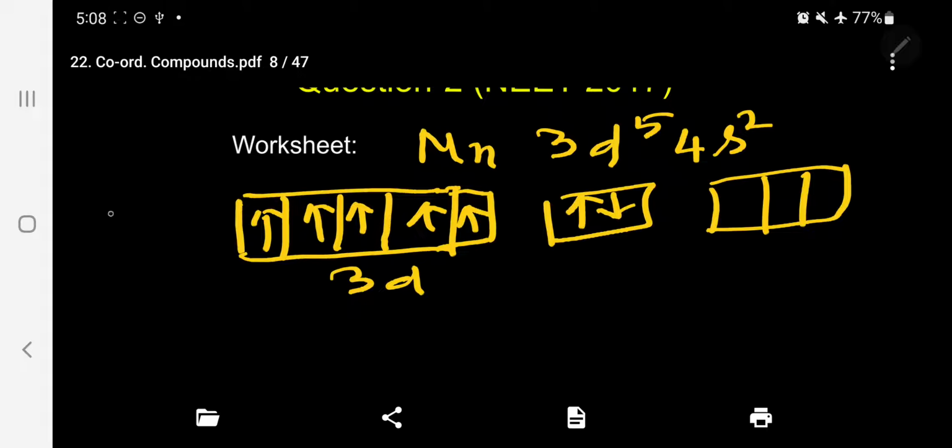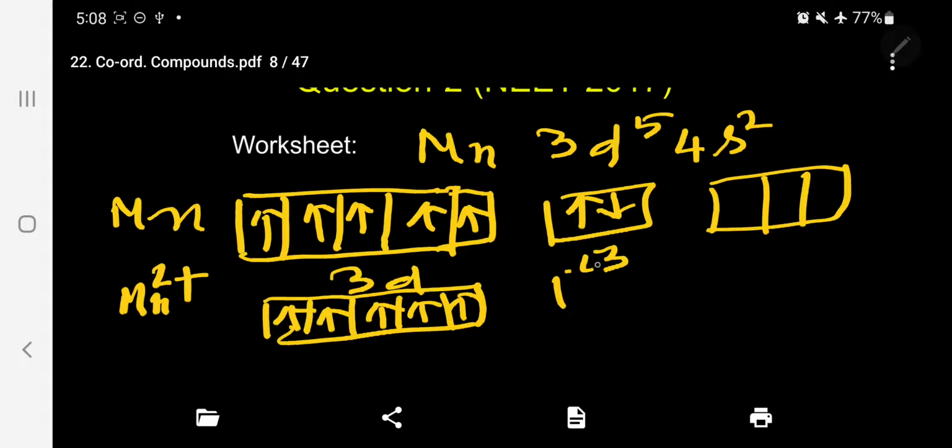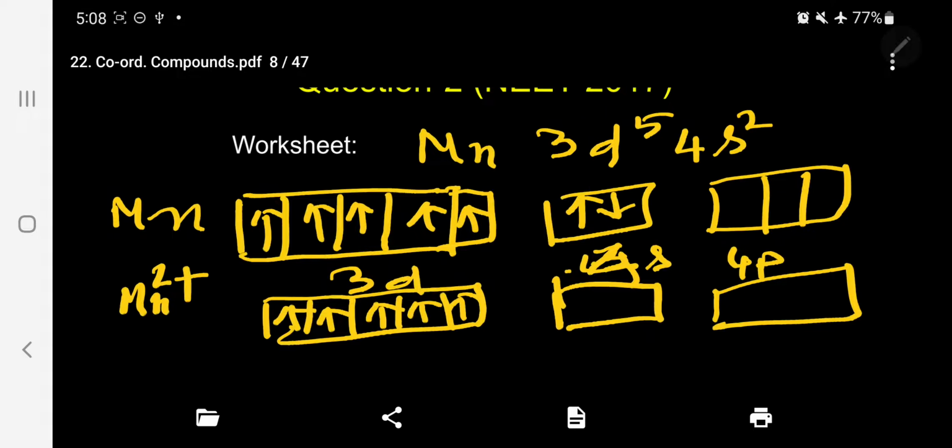This is the original manganese. If you go for Mn2+ oxidation state, 2 electrons are removed. From the 3d, 4s and 4p, the electrons are removed from the 4s. So we are getting the corresponding Mn +2.